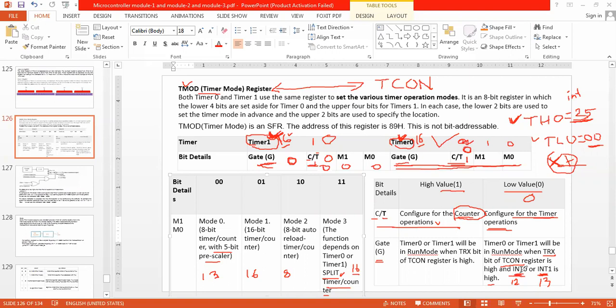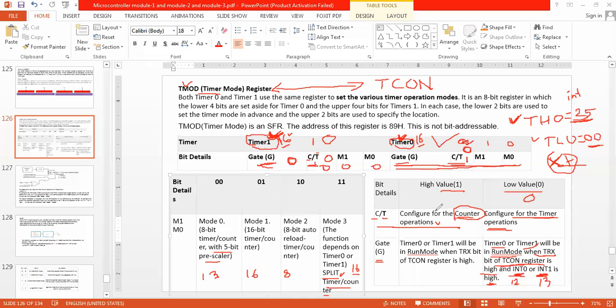when there is a high signal on interrupt 0 or interrupt 1, then timer 0 or timer 1, here I have used timer 0, will be in run mode. So whenever the TRX bit of the TCON register is high and the interrupt 0, interrupt 1 bits are high. This is important.